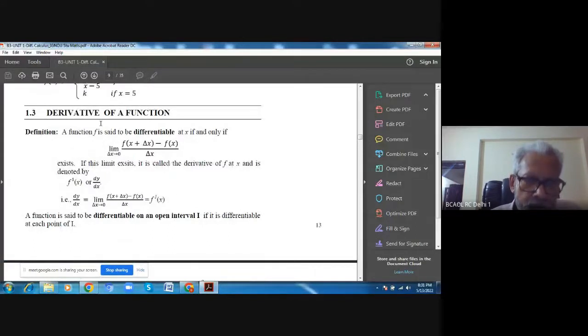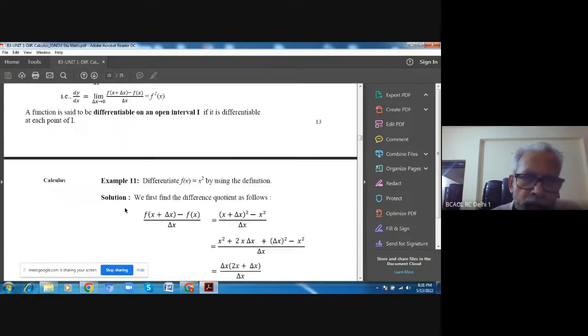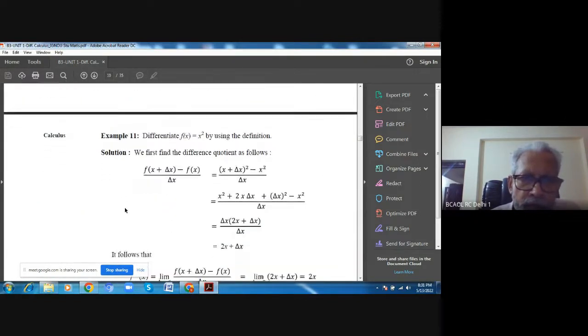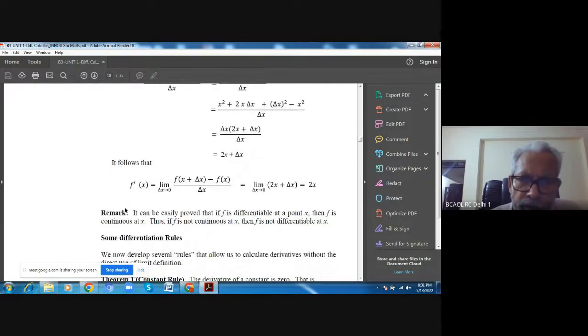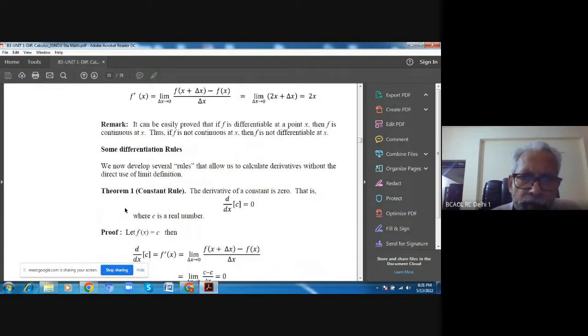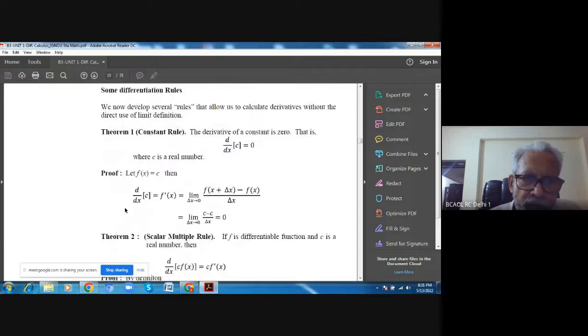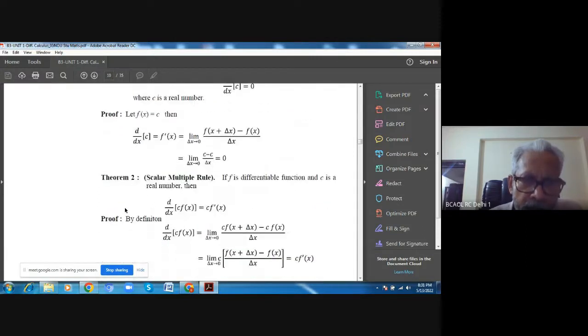As a continuation, I can straightaway go to limit for derivatives. So 1.3, this unit is important. Derivative of a function is given. There are certain rules.